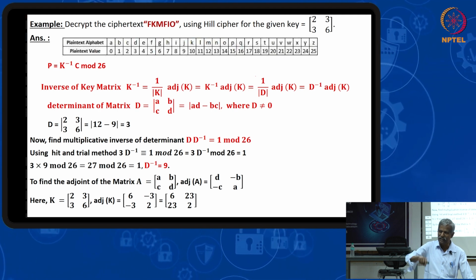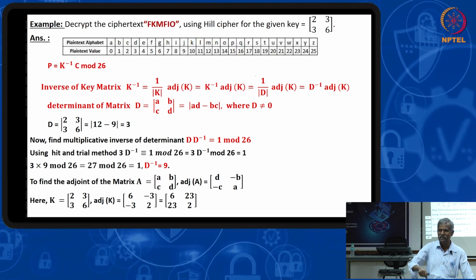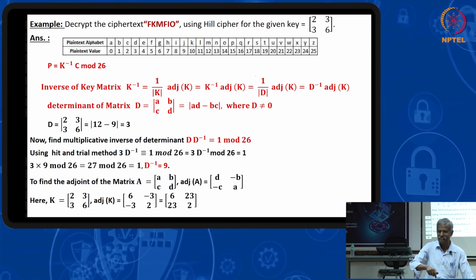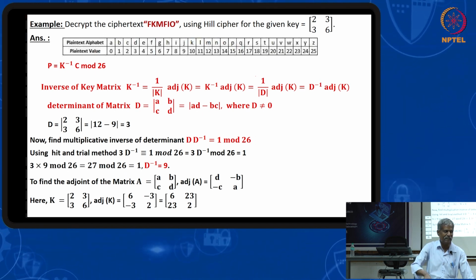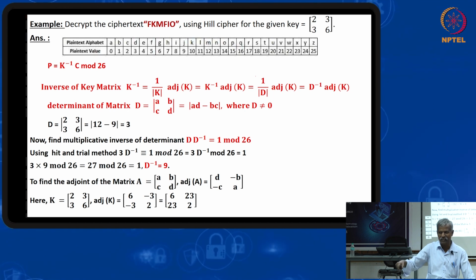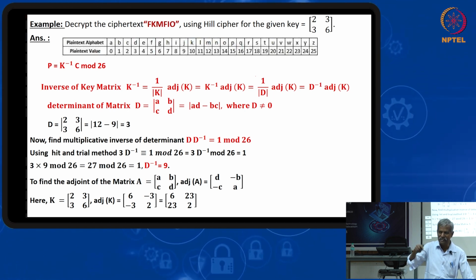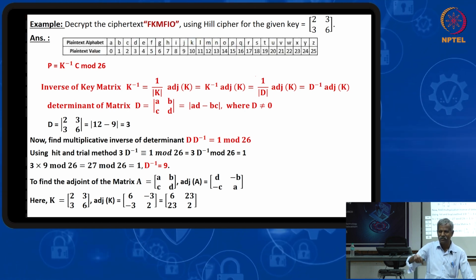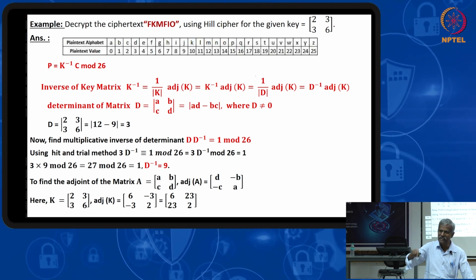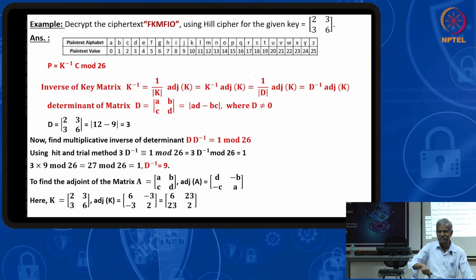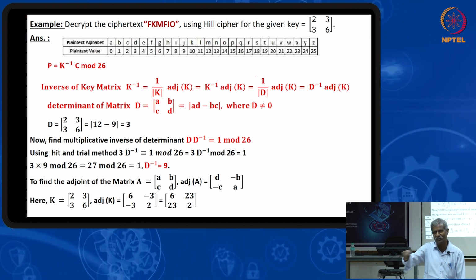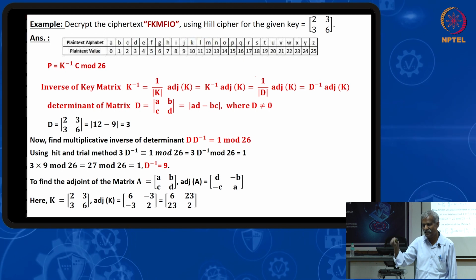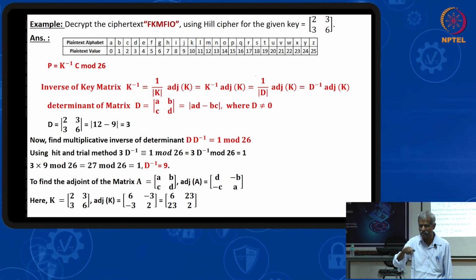3 fours are 12, less than 26. 3 fives are 15, also less than 26. 3 sixes are 18, also less than 26. Then 3 sevens are 21, also less. 3 eights are also less. 3 nines are 27. 27 mod 26, you check. 27 divided by 26 gives the remainder 1.